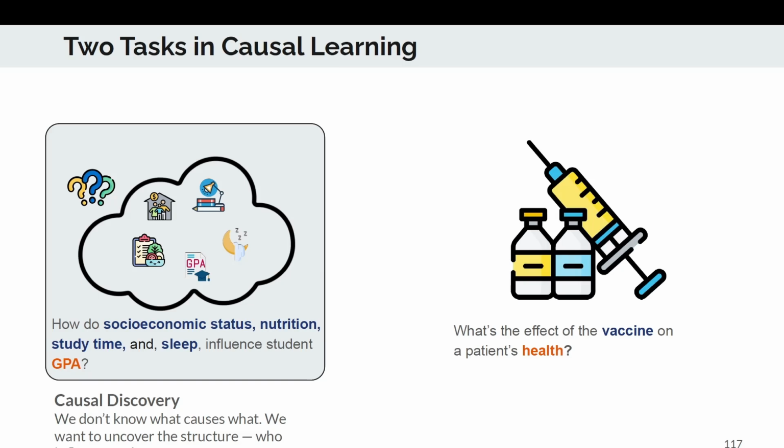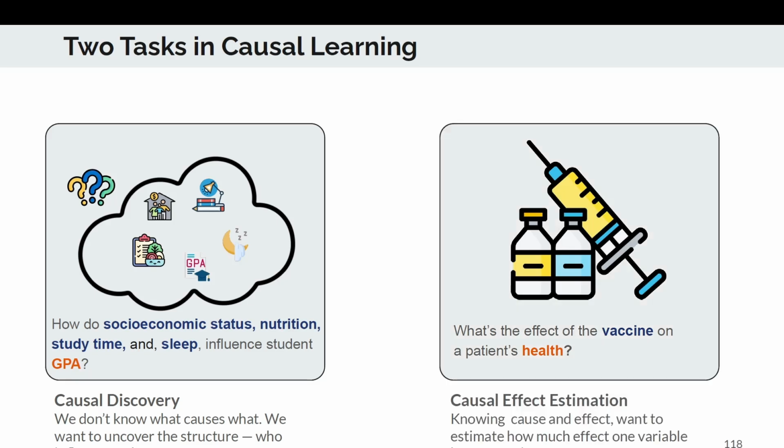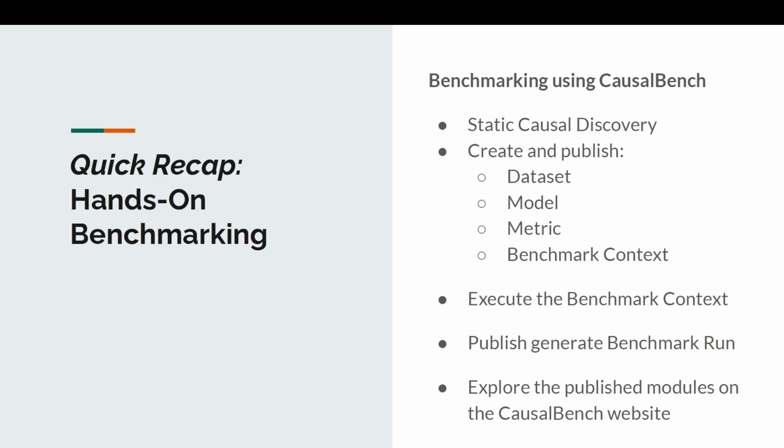Causal discovery essentially establishes what the cause is and what the effect is, and causal effect estimation estimates the exact effect. It's not just enough to know that a vaccine affects a patient's health. It is also important to know how a vaccine affects a patient's health. The effect can be negative or positive essentially. In this case, hopefully it's usually positive.